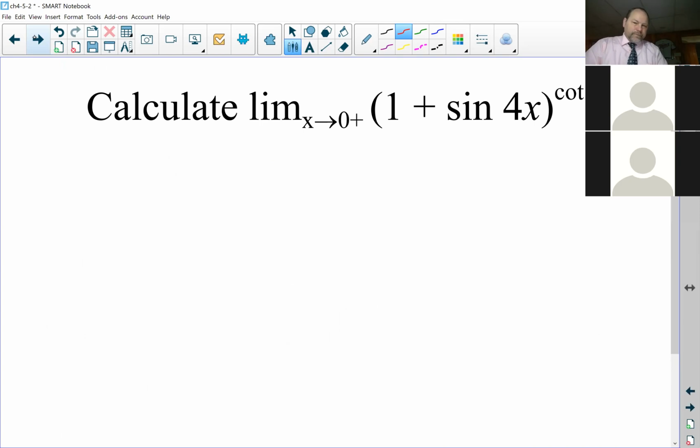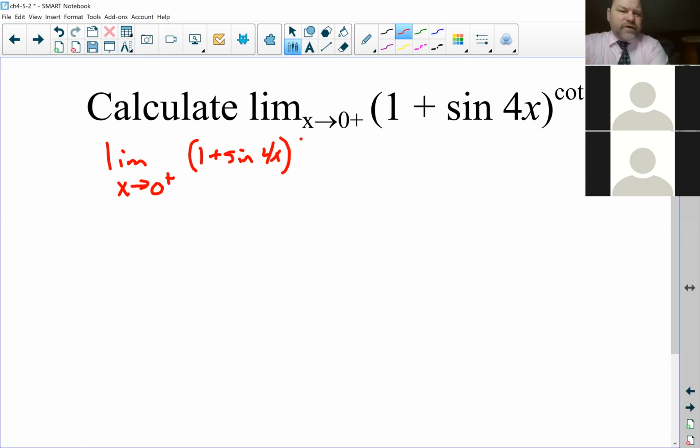All right, so calculate the limit as x approaches 0 from the right of 1 plus sine 4x to the power of cotangent x.